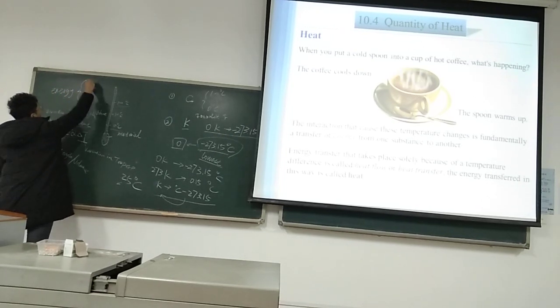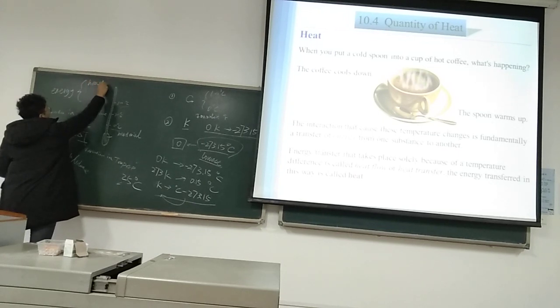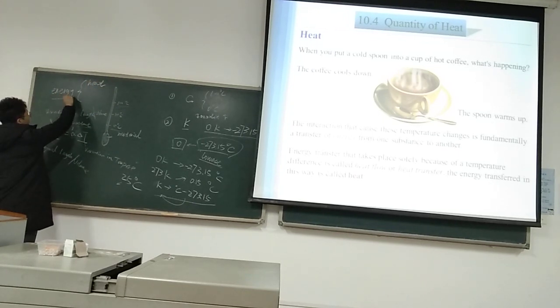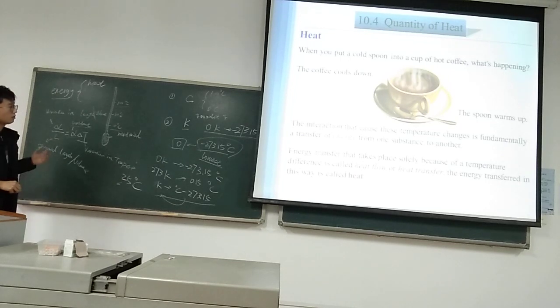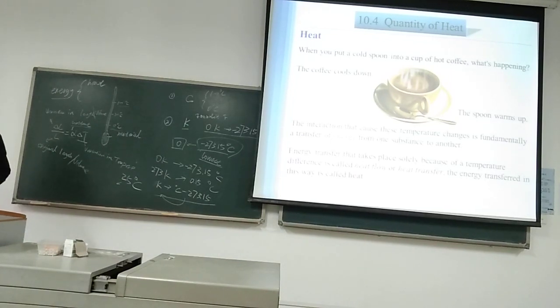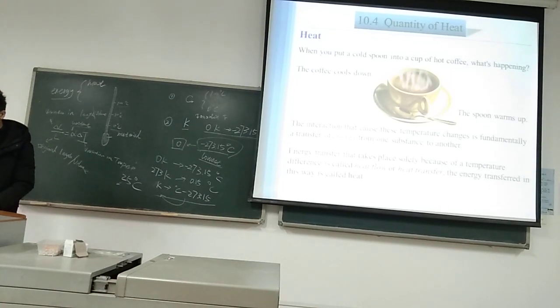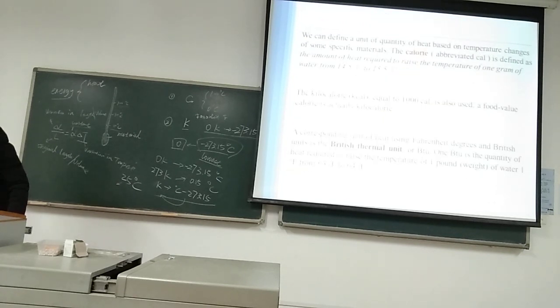It's one kind of energy. Then there are so many other energies, for example, kinetic energy, potential energy. We can define a unit of quantity of heat based on the temperature change of some specific materials.